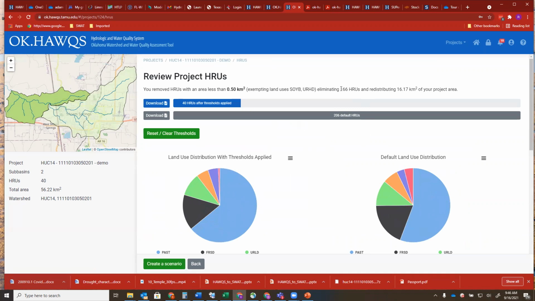So it's almost eliminated 166. So there are 166 HRUs of less than 0.5 square kilometer. Okay. But it is not subject to soybean and high density urban. So that came to about 40 HRUs, or the dominant HRUs that comprise this 56 square kilometer watershed, 56.22 square kilometer watershed.